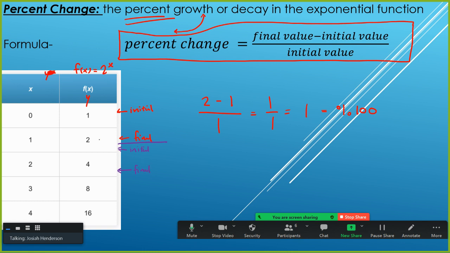So if we were to have started counting here and then ending at the next one. So this time the numbers will be different. Let's see what we get for our percent. So the final is 4. Initial is 2. Initial is also 2 underneath. So 4 minus 2, and then 2 over 2. So this also came out to 1, and this would again represent 100%.